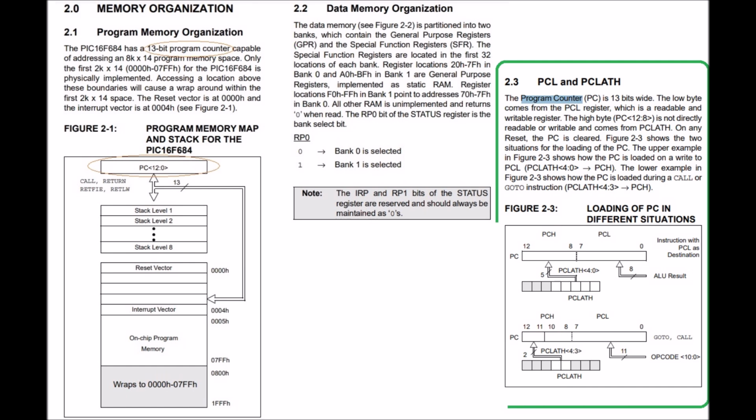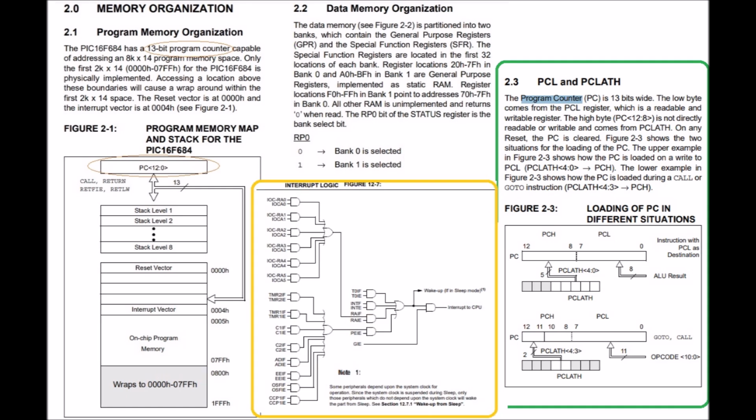When an interrupt occurs, the current value of the program counter is saved to the stack, and the program counter is loaded with the address of the interrupt service routine. After the interrupt is serviced, the program counter is restored from the stack to resume normal program execution.